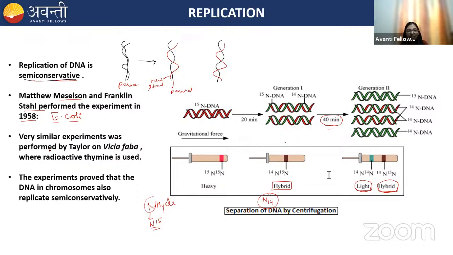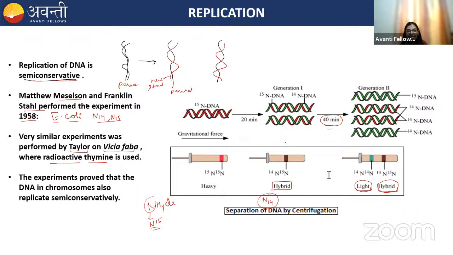A very similar experiment was also performed by Taylor on Vicia faba. But in E. coli, Meselson and Stahl used N14 and N15 isotopes. Remember this. But Taylor, on Vicia faba, used radioactive thymine. Vicia faba is a eukaryote, E. coli is a prokaryote.